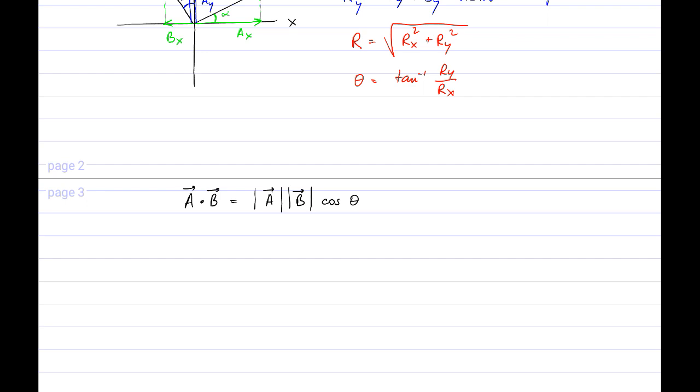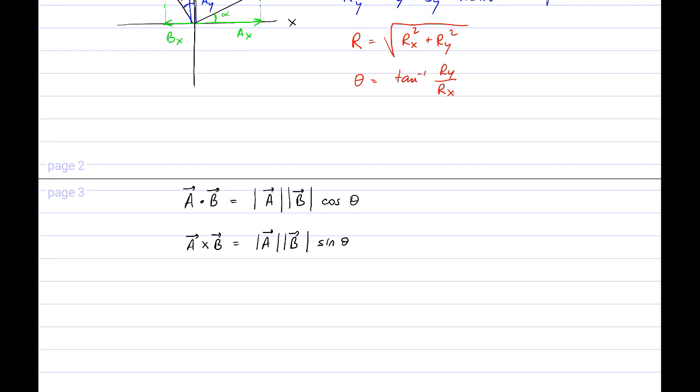The other type of multiplication is the cross product. So A cross B is the magnitude of A times the magnitude of B times the sine of the angle between them.